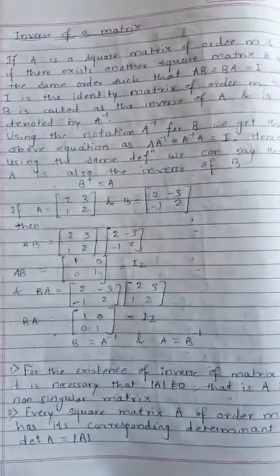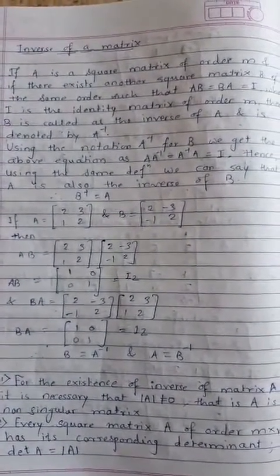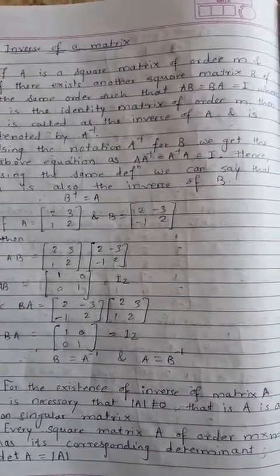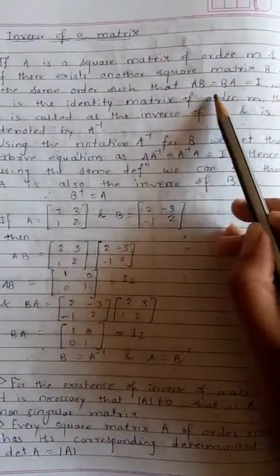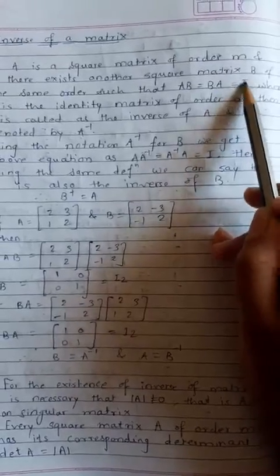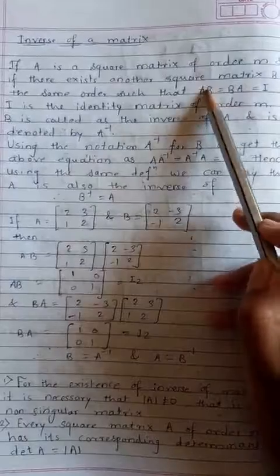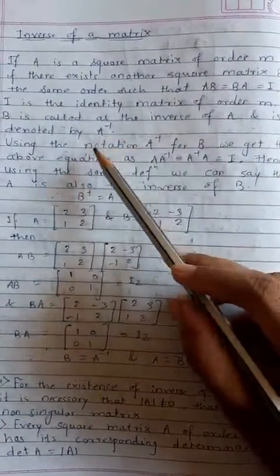So it means, suppose A is a square matrix and B is also a square matrix, and both matrices are of the same order. If they have the relation AB is equal to BA is equal to I, the identity matrix, then B is called the inverse of A and is denoted by A inverse.